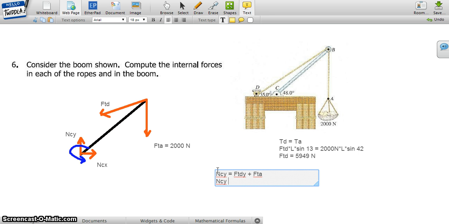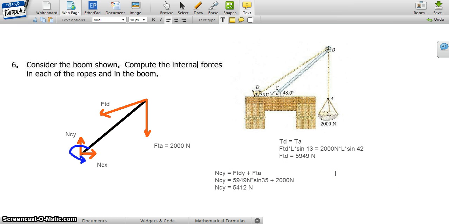So NCY will be equal to 5949 newtons times the sine of 35 degrees plus 2,000 newtons. And so NCY is equal to 5412 newtons.